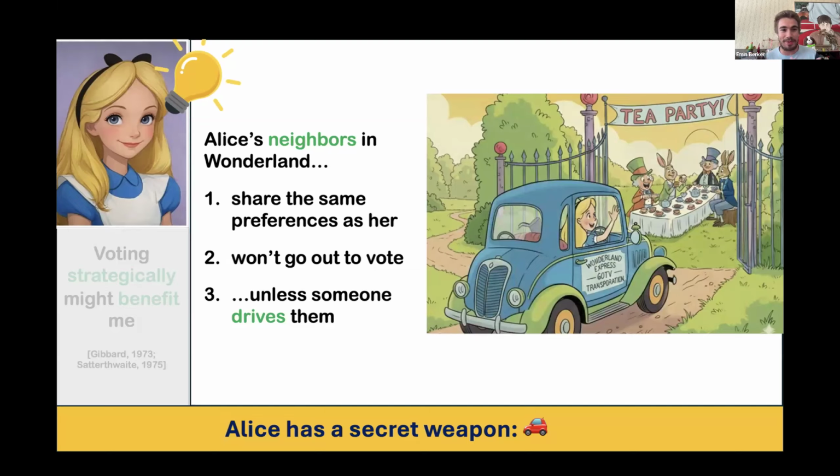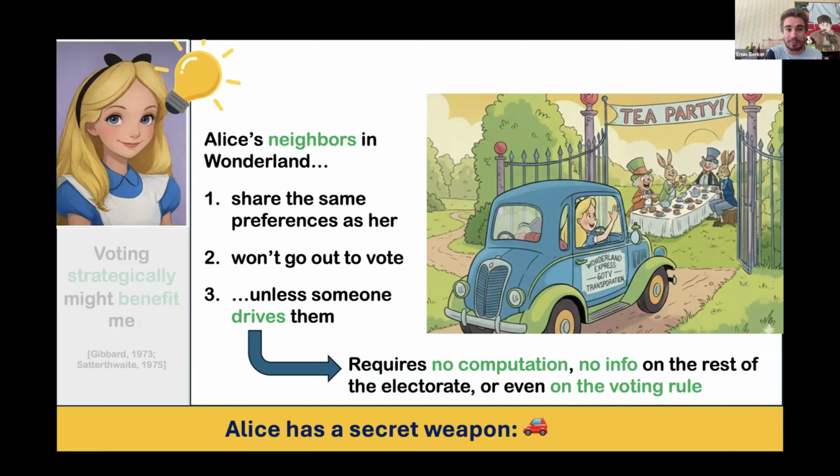And Alice is really happy to be this person to drive her neighbors to the polls because, unlike finding the optimal manipulation, which has all these difficulties that we just talked about, driving her neighbors who share her opinions requires no computation, no information on the rest of the electorate, or even on the voting rule being used.